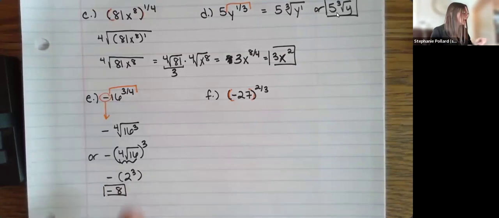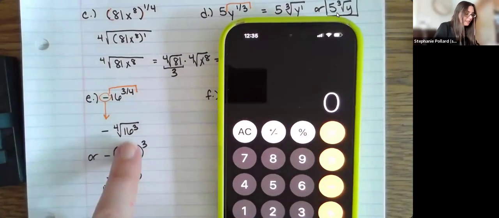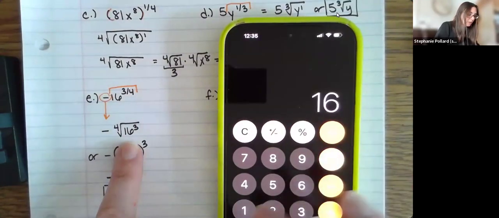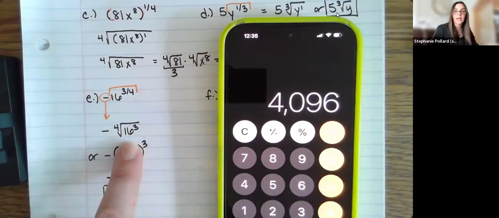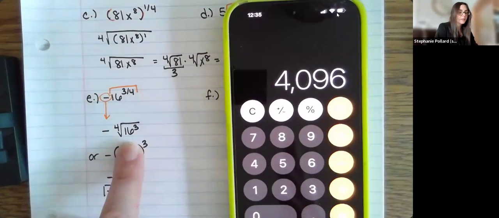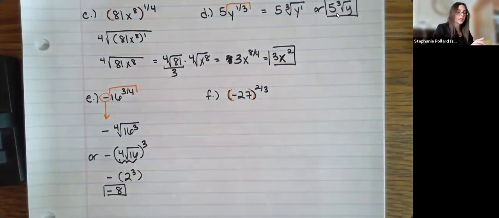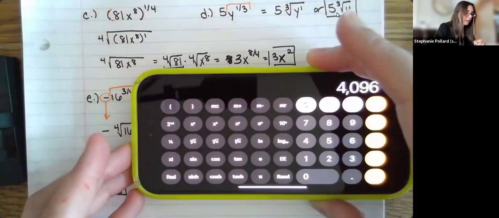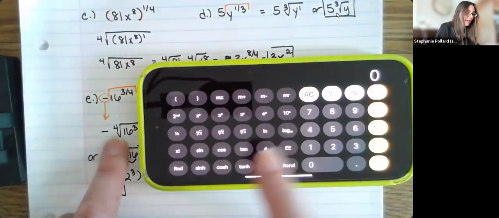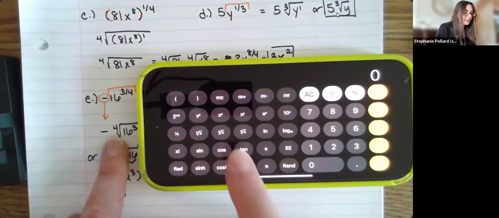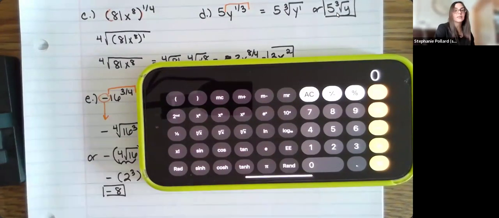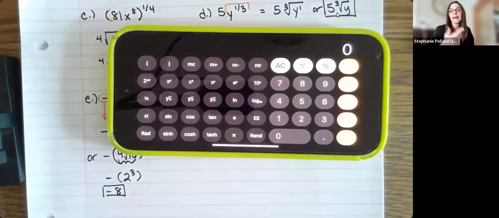Now you could do it the other way though. If I went in and looked at my calculator and did 16 to the 3rd power, so 16 times itself 3 times, I get 4,096. Now, what I recommend on your calculator is this: it doesn't have a fourth root key. It does have a root key here, but it's often easier to use the exponent form on your calculator.